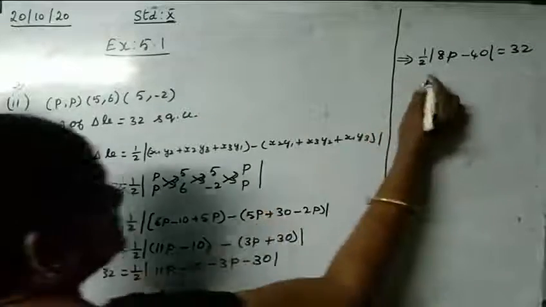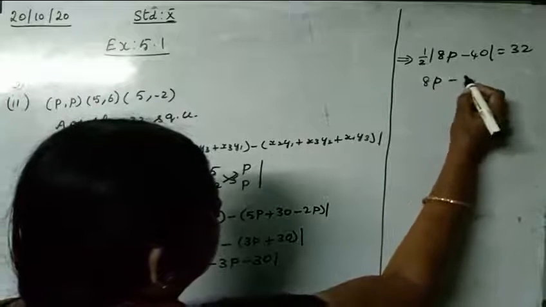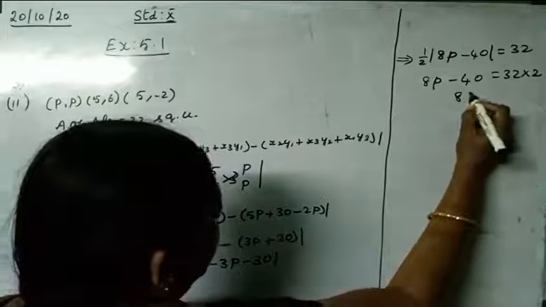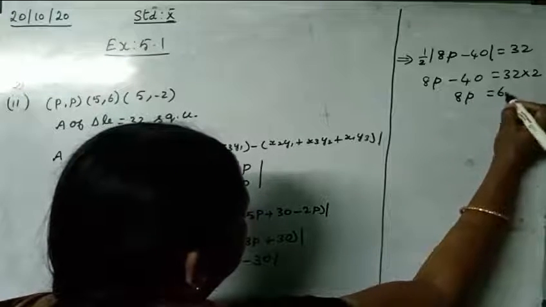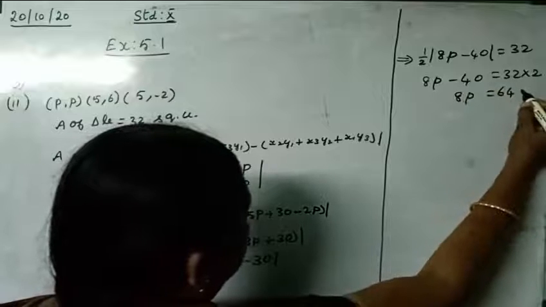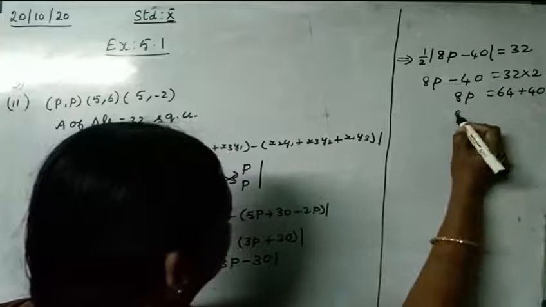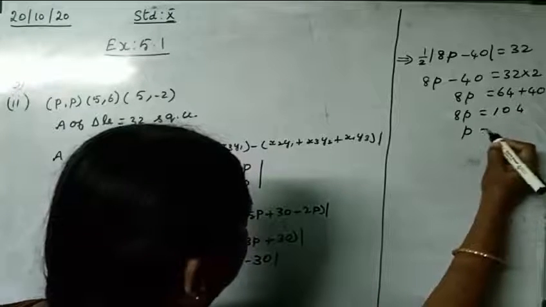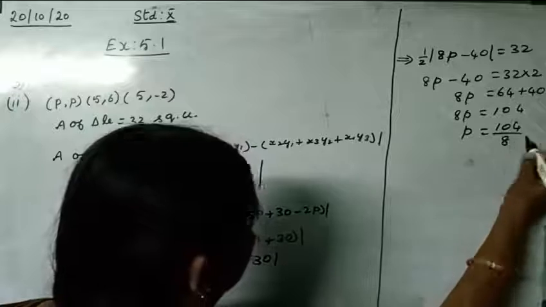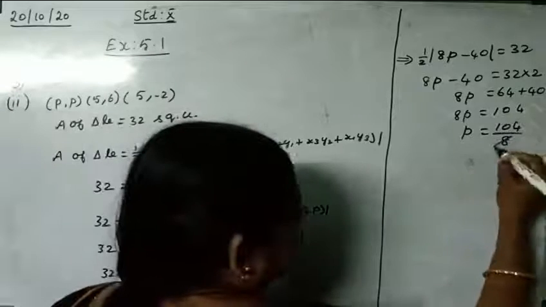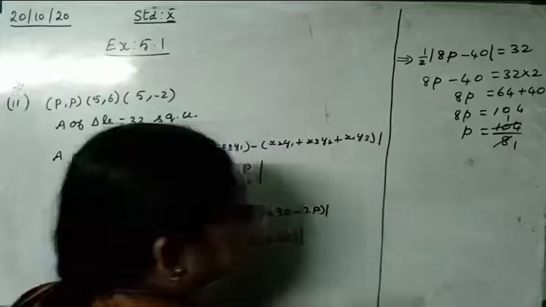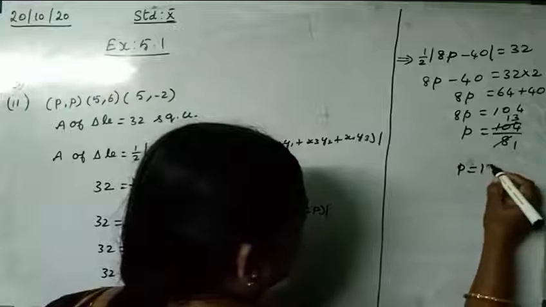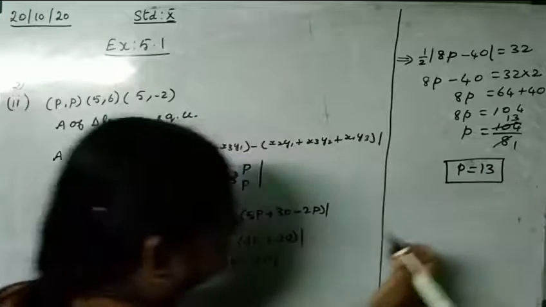Remove the modulus and write 8P equal to 32 into 2, which is 64. Bring this 40 to this side, it becomes plus 40. So 8P is equal to 64 plus 40, 104. Therefore P is equal to 104 by 8. Dividing, 1 eight is 8, balance 2, 24, 3 eights are 24. So P is equal to 13 is the answer.